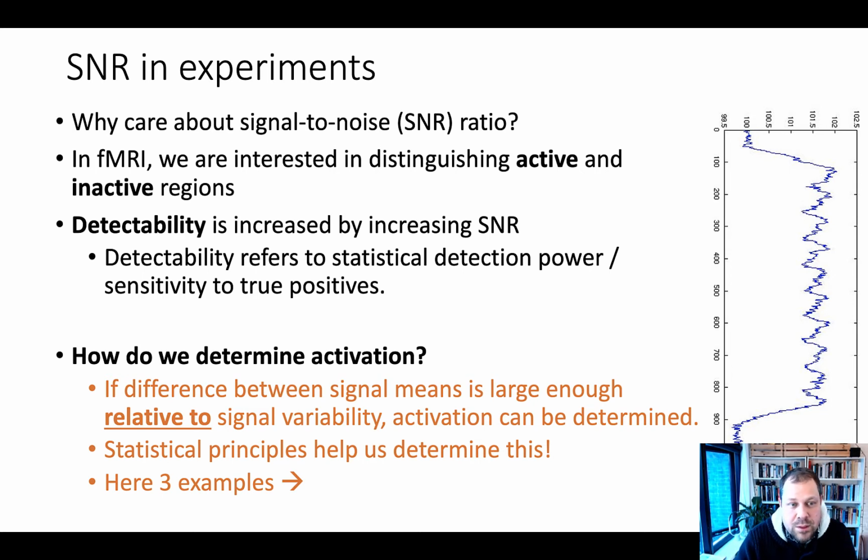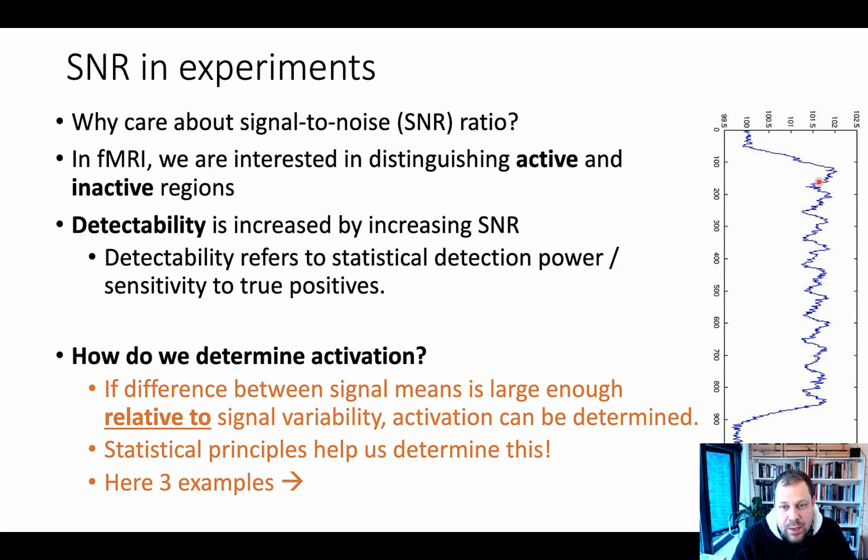Here we talk about signal-to-noise ratio. And by signal we mean what is shown here on the right-hand side. So that is the response of a voxel and how it changes along with the task that we ask subjects to do in the scanner. We care about this because we're interested in distinguishing active and inactive regions in the brain.